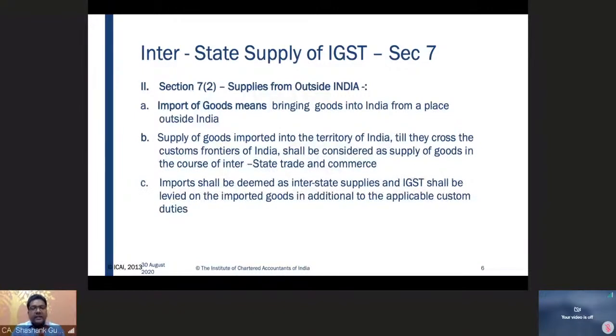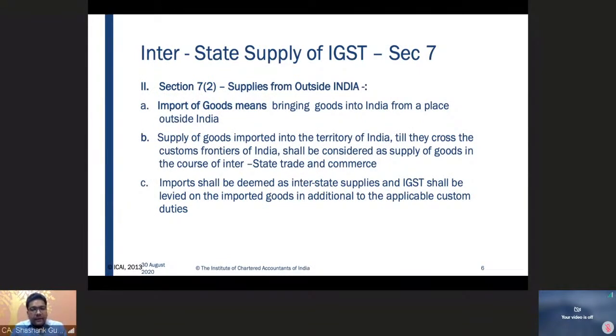So the basic point is, suppose this is the customs frontier, and goods have come from outside India and are stored somewhere here, that is, they have not crossed the customs frontier. Then they would not be treated as part of the domestic tariff area. Only when they cross the customs frontier of India do they become a part of the domestic tariff area. That is where there will be a liability to pay IGST.